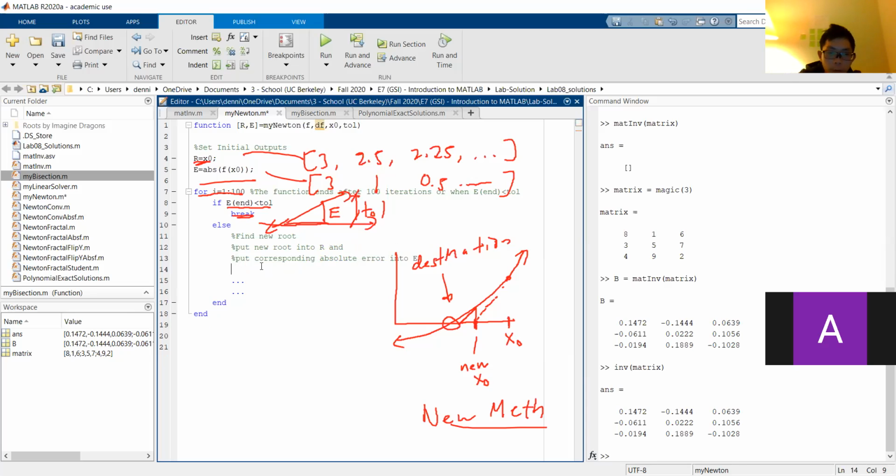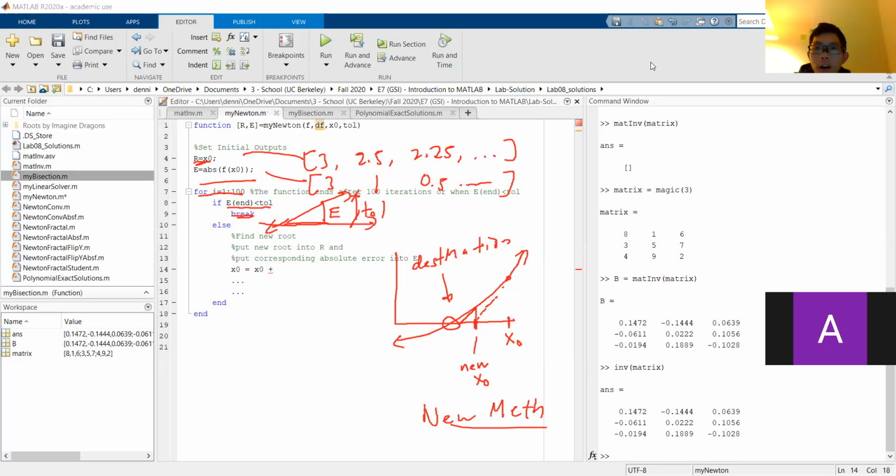I'm going to start you off: x naught, because we want to rename x naught to this new x naught. What do you think? What should we do? I'll give you a hint: point slope formula. Give me more specific.